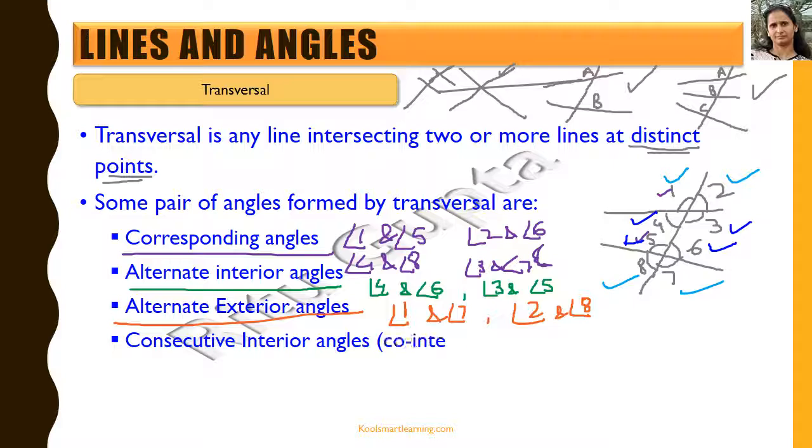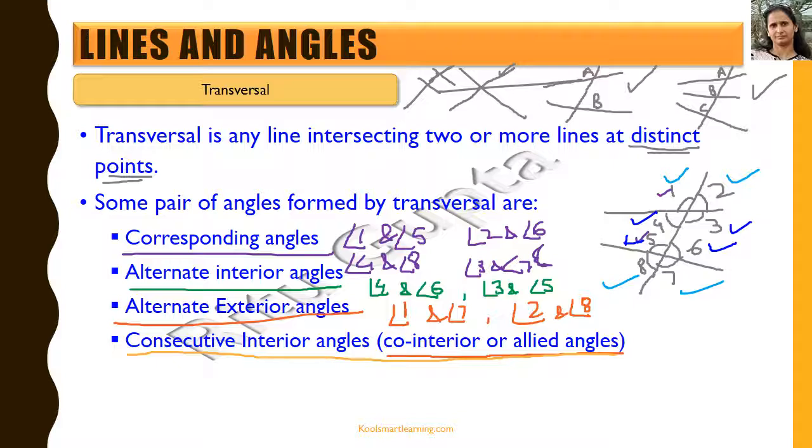And then the last pair of angles formed when a transversal cuts two or more lines at distinct points is called consecutive interior angles, also called co-interior or allied angles. They are interior angles, as the name says, so we are talking again about only 3, 4, 5 and 6.